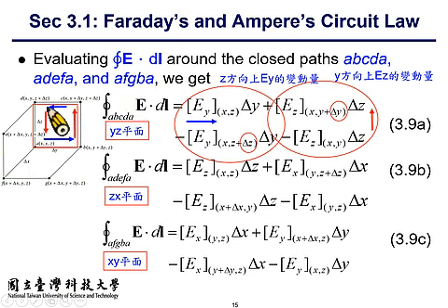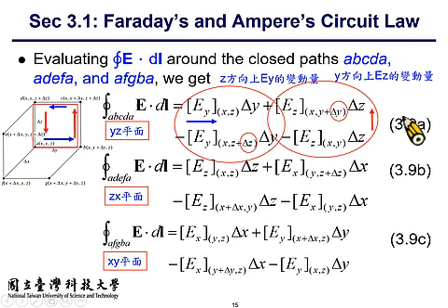For example, if you check the plane formed by nodes A, B, C, D, the A, B, C, D, A path loop, which lies on the YZ plane, can be divided into four line integrals, which include Ey in the Y direction and Ez in the Z direction.